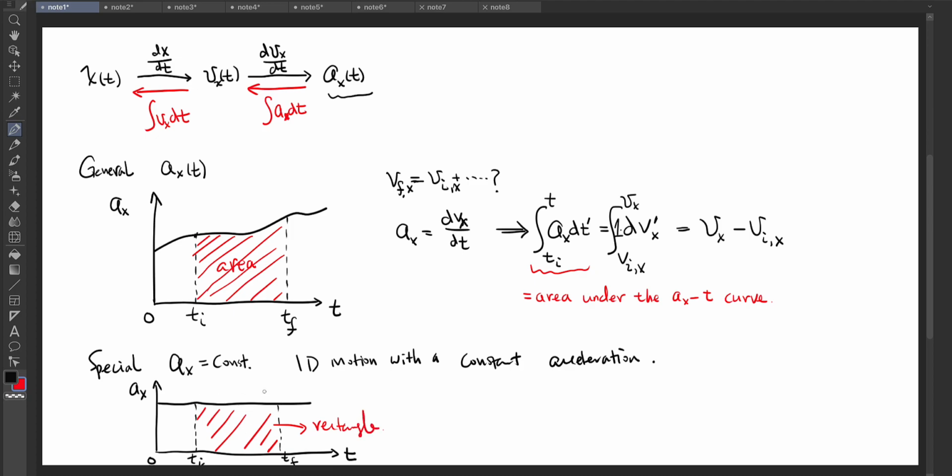All right, the shape here is a rectangle. Then the area can be calculated easily, right? Suppose I know this ax is a constant. That's the ax value here. Then the area of a rectangle equals ax, that's the height of this rectangle, and then the length of this rectangle is, of course, delta t, right? t final minus t initial.